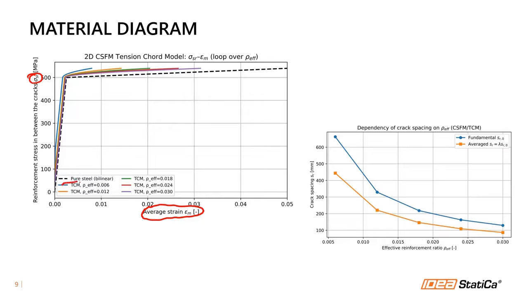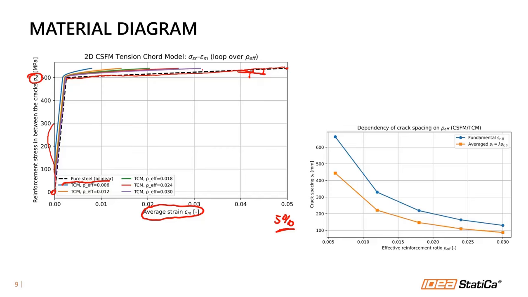I will start with a simple pure steel linear diagram where you hit the yield point and have some linear hardening with some plastic modulus of elasticity, and you reach 5% plastic strain and stop the analysis. So this is how it works if you have just a pure naked steel. It works like that because there is neither the effect of tension stiffening nor strain hardening, I would say.